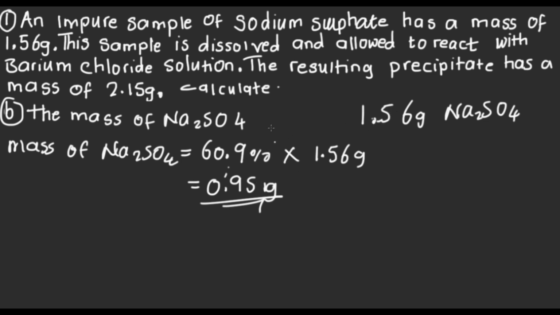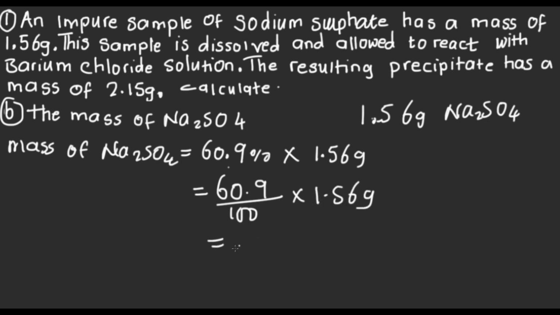And let's hope you know how to deal with the percentage. Maybe for someone, let me show you what we do. So the percentage is 60.9. You divide by 100. So the percentage divided by 100, multiplied by this, is when you are going to get the actual answer, which is 0.95 grams. So that's it for this video.